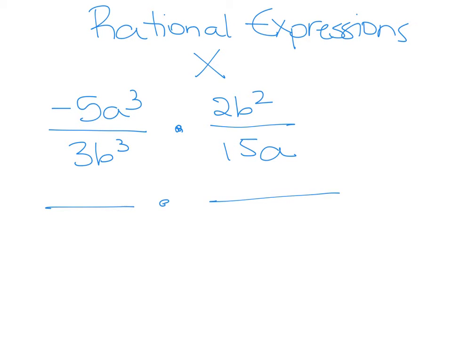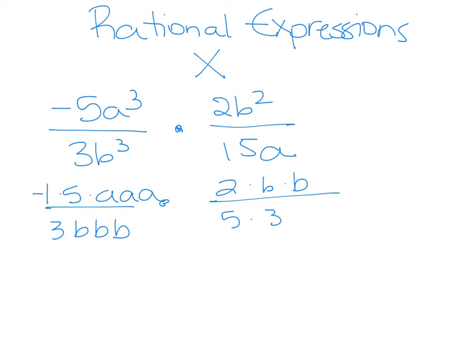Negative 5a cubed is negative 1 times 5 times a. 3b cubed is 3 times b times b times b. 2b squared is 2 times b times b. And 15a is 5 times 3 times a. So we've factored everything.